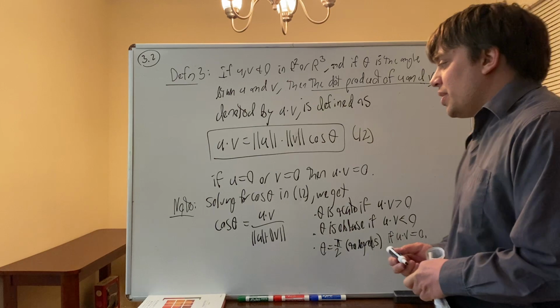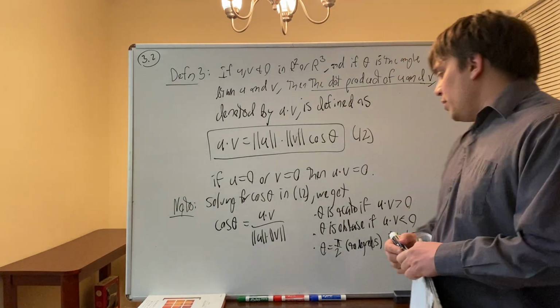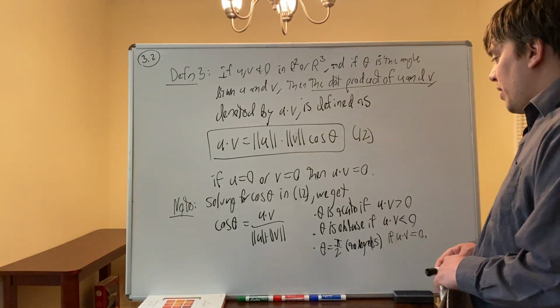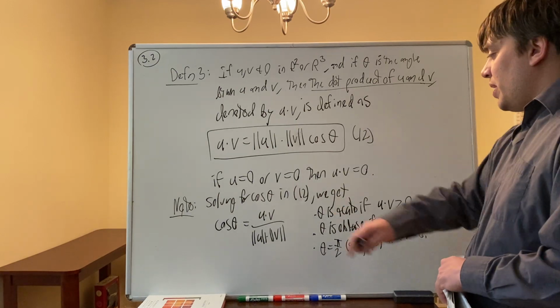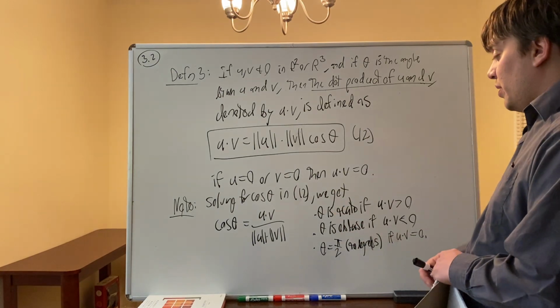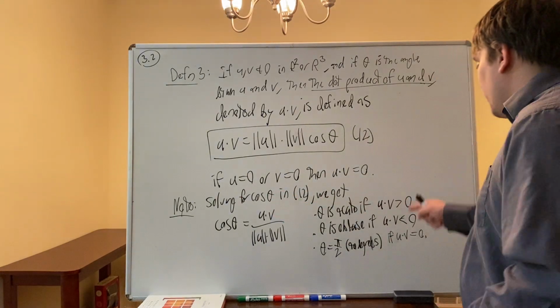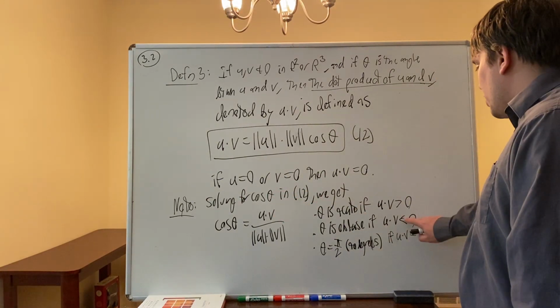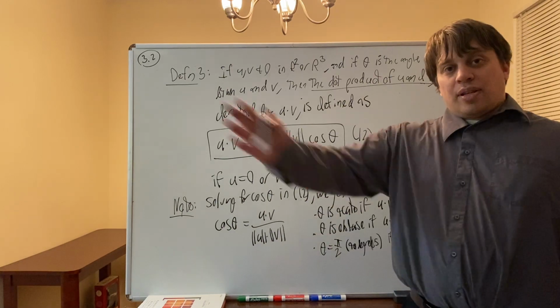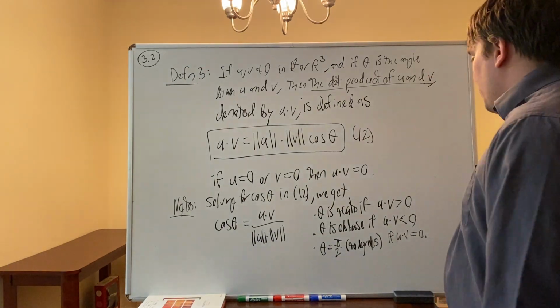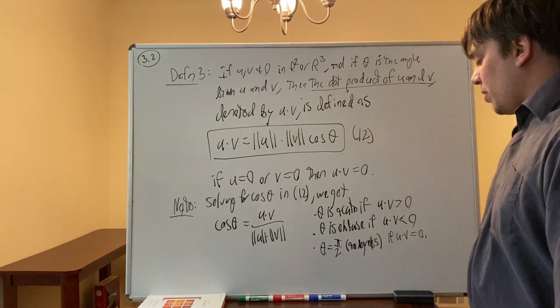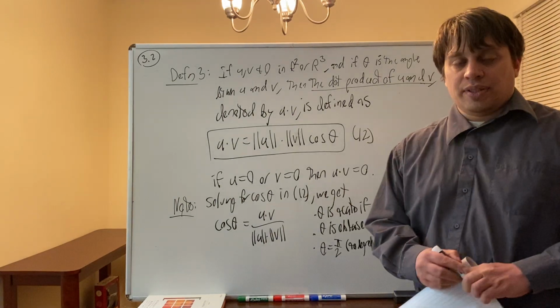By knowing the sign of U dot V, you can know what type of angle you have. If U dot V is positive, then the angle theta between U and V is strictly between 0 and 90 degrees. If U dot V is negative, less than 0, then theta is obtuse. And if U dot V is 0, then the angle between them is a 90 degree angle.